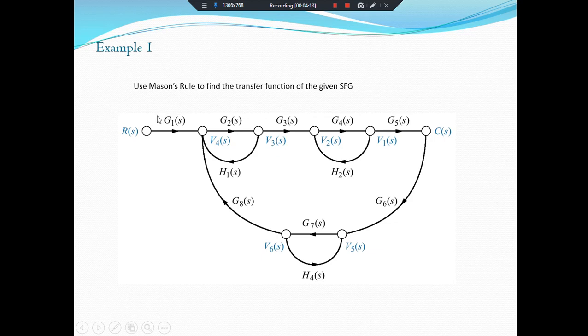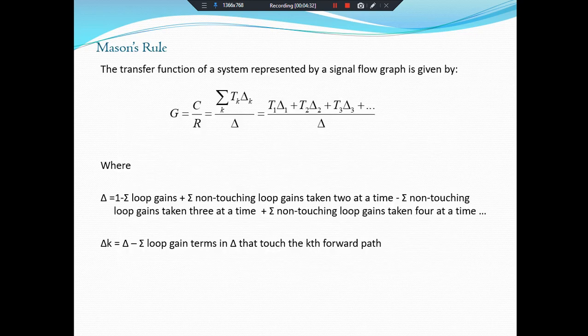The terms non-touching loops and loop gains, you are very familiar with, as in the introduction of signal flow graph I explained all these terms very well. First of all, we have to find delta K, delta, and T1, T2, and T3, and we will put all these values in the given transfer function, and we will get the simplified signal flow graph.